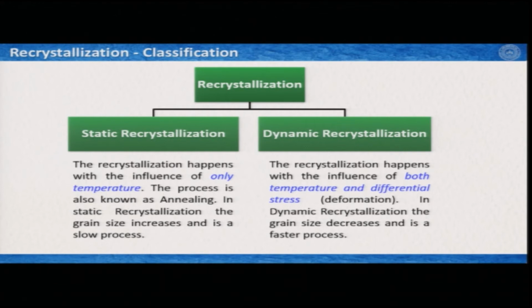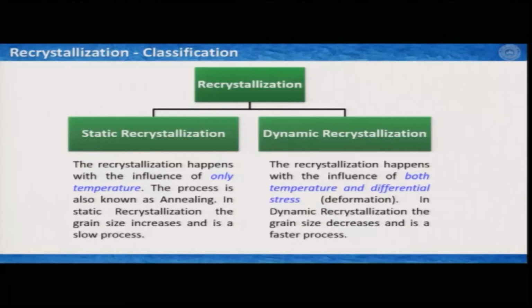Dynamic recrystallization, on the other hand, occurs when you have influences of both temperature and differential stress, that means deformation. In dynamic recrystallization, the grain size generally decreases, but there are some evidences where grain size has increased, and it is a faster process.